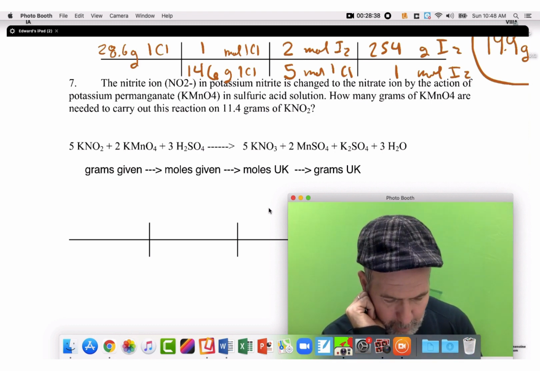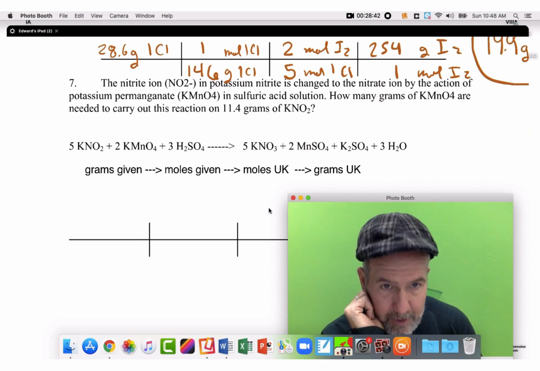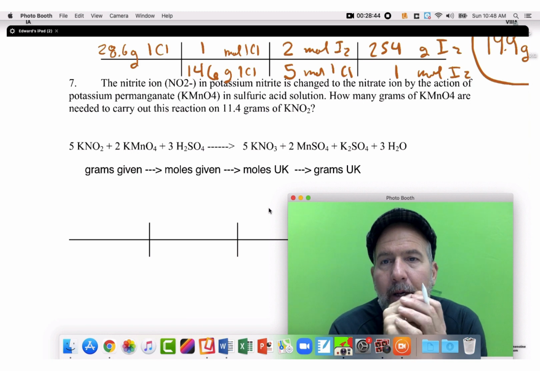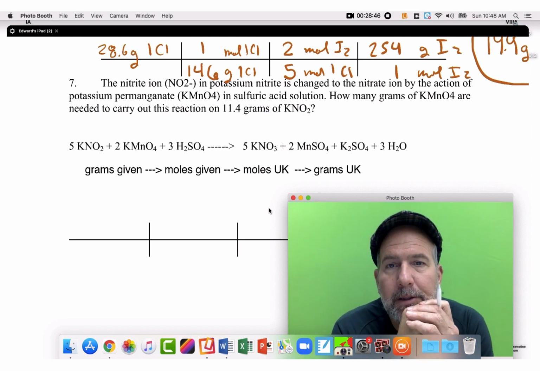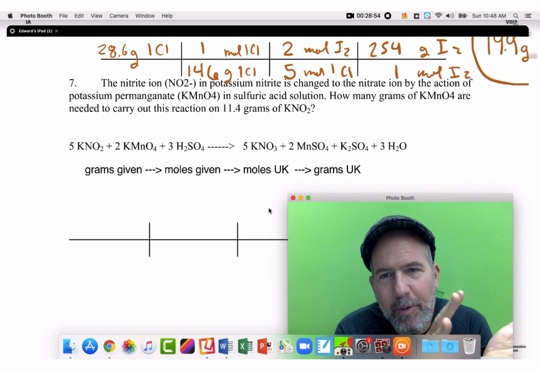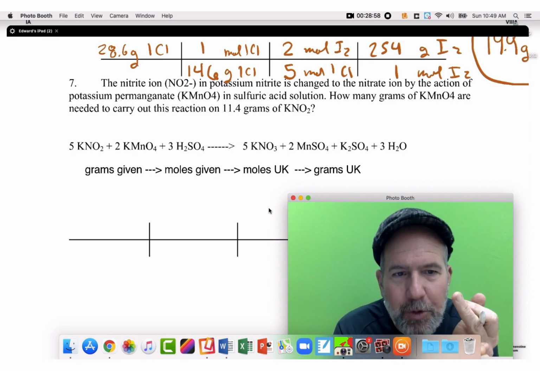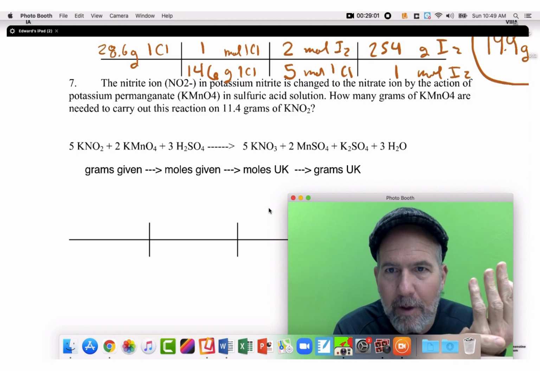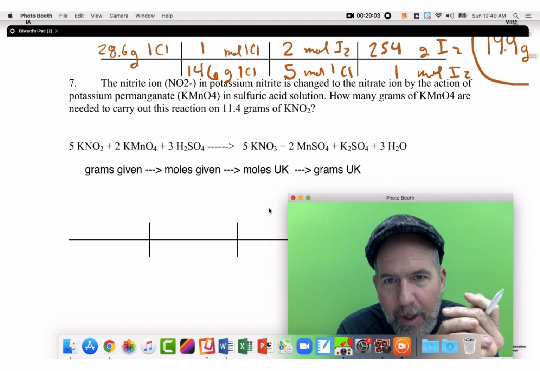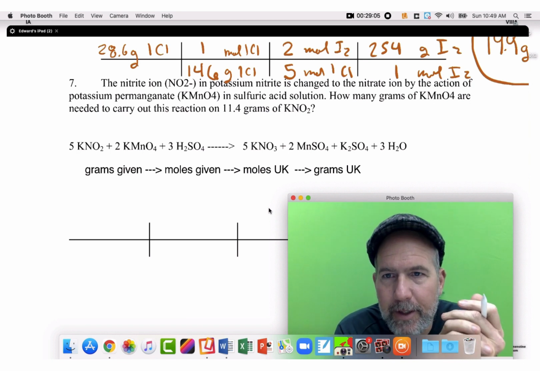I'm going to go, let's see, this nice green color. Okay. All right, so they're talking about the reaction here. You read through this, but you're looking for how many grams are given and then what you're trying to find. That's what you're looking for. So when you read, look for the important things.